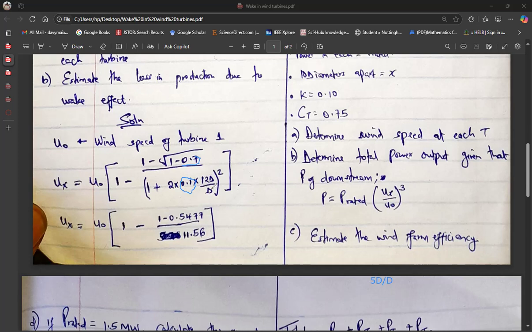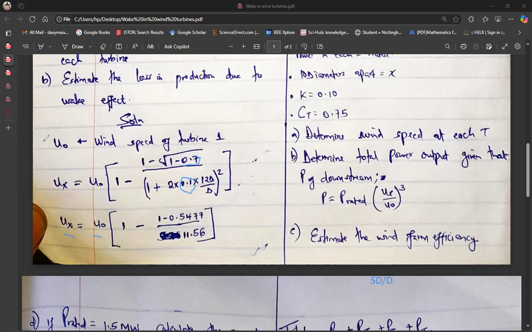So we have D and D cancelling, and we are just left with normal numbers. So we only have two unknowns: UX and U0. But when determining the speed in this scenario, we leave the speed UX as a function of U0.